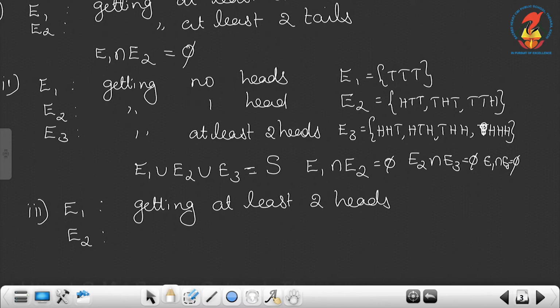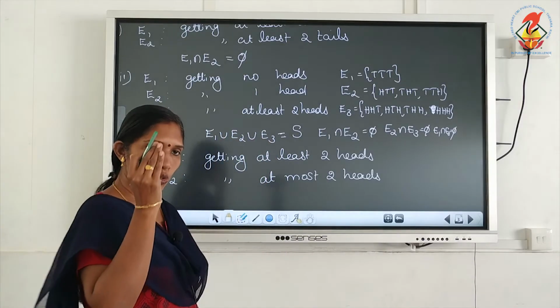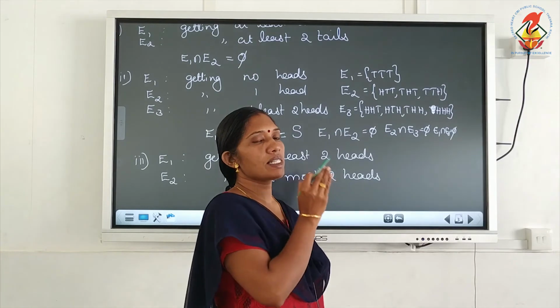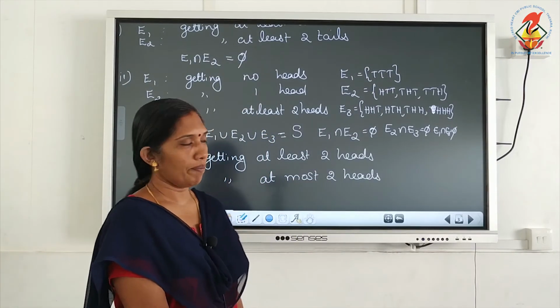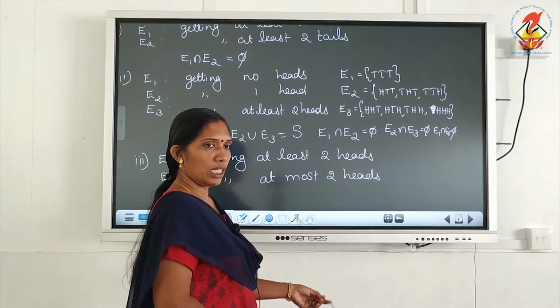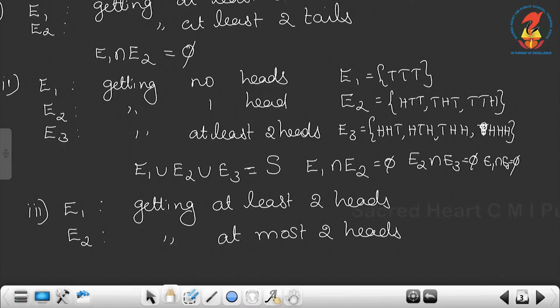At least 2 heads means 2 heads and 3 heads. Here I am writing getting at most 2 heads. What do you mean by at most? At most 2 heads means 2 heads, 1 head, 0 head. Okay. So they are mutually exclusive? No, they are not mutually exclusive.